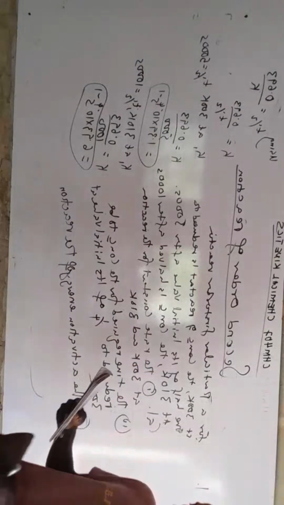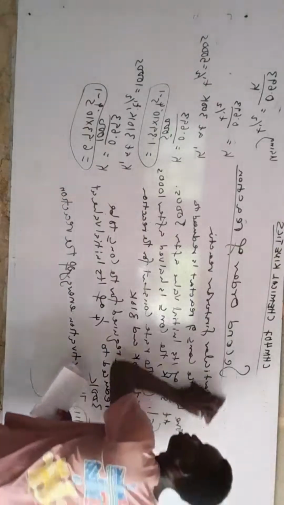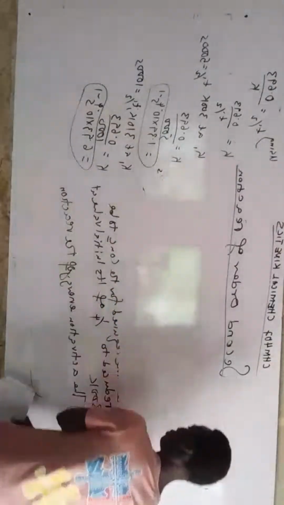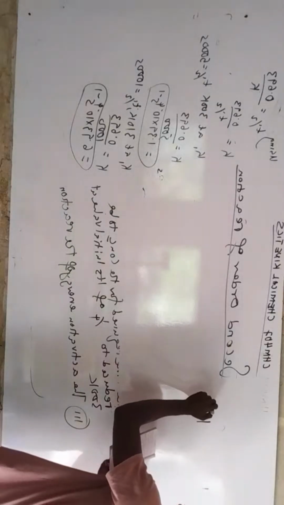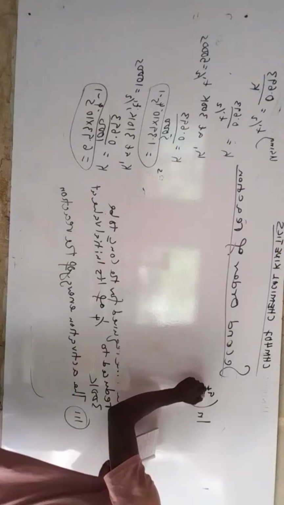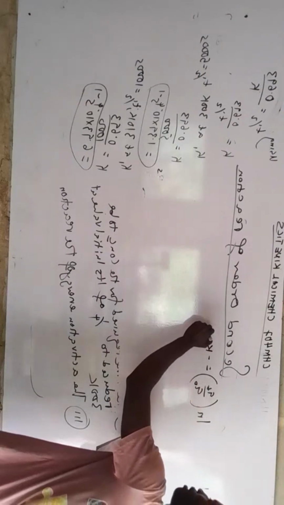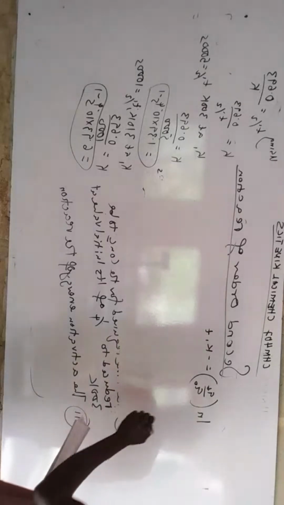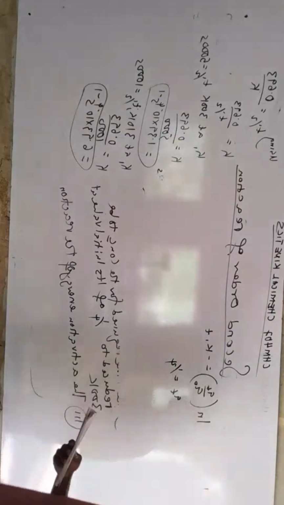So from the equation, we have ln of the final over the initial equals minus K times t. So in this place, our At, they said, is now reduced to 1/4.